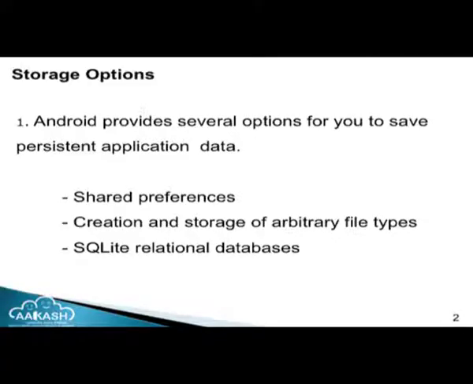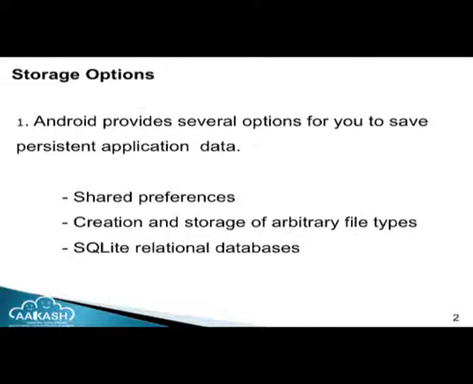The storage options in Android are shared preferences, and creation and storage of arbitrary file types. That means you can create a file, and on that file you can store some strings or text. And there is the SQLite relational database. Android internally supports this SQLite database and stores it on your device.